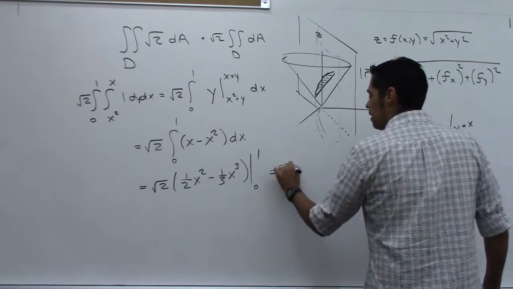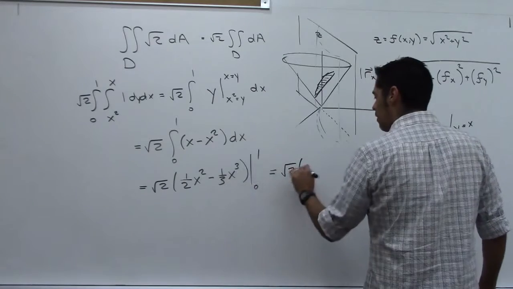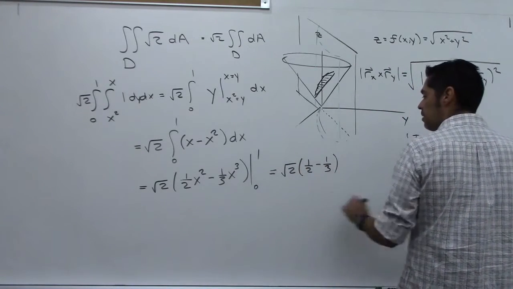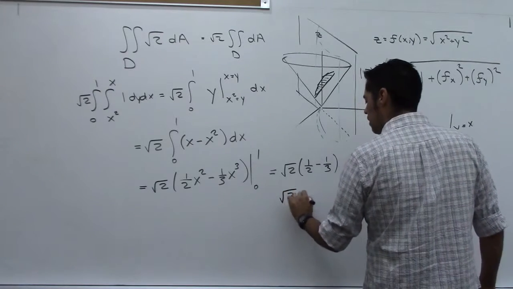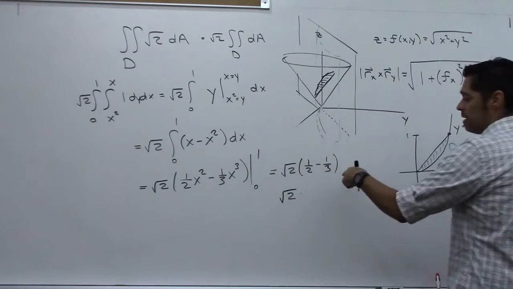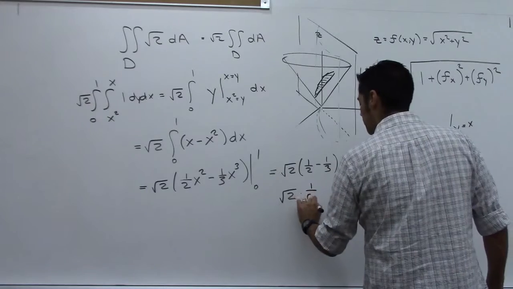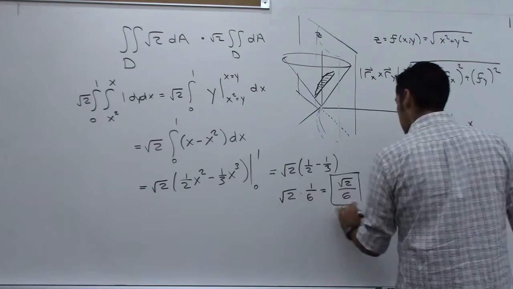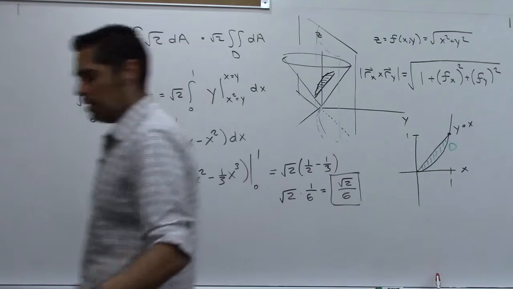If we plug in 1, we get 1/2 minus 1/3. If we plug in 0, we get 0. So this is just root 2 times, let's see, that's going to be 1/6. So root 2 over 6 should be our surface area.